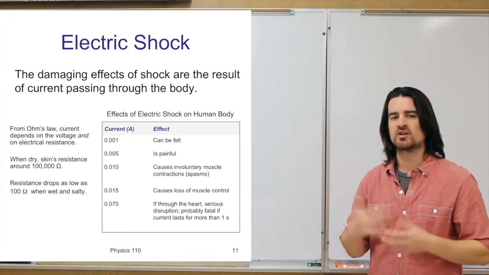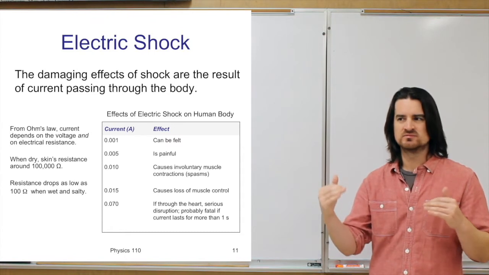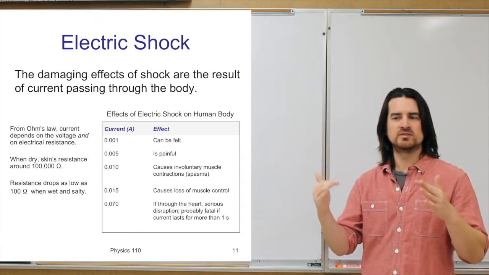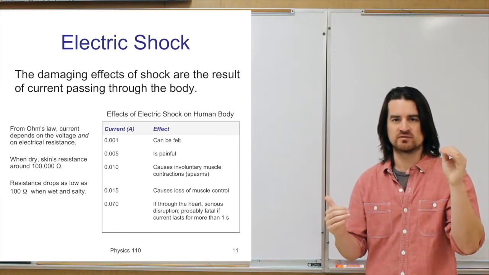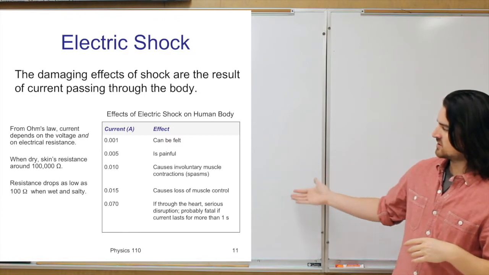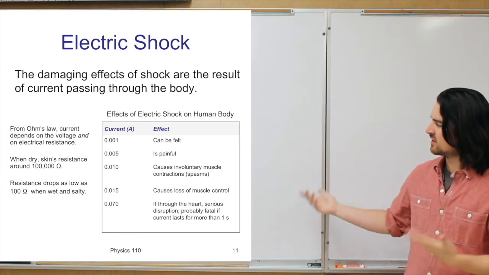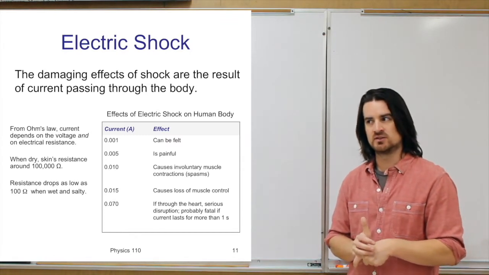So when we're talking about current in amps, a milliamp is a kind of mid-level amount of current, whereas an amp is a very substantial amount of current. But even saying that, it doesn't take more than 7/10 of an amp to start being potentially very dangerous.